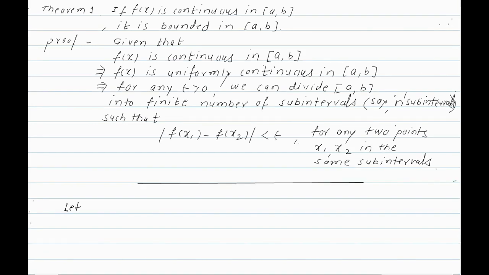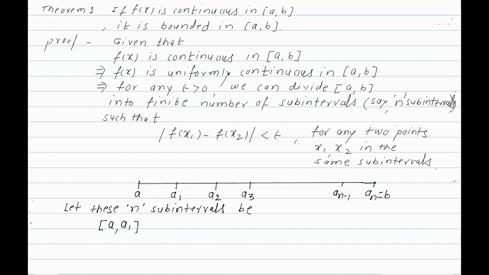Let these n subintervals be: first is a comma a1, so suppose this is a number a, first interval is a to a1, second is a1 to a2, third is a2 to a3, and nth interval is an minus 1 to an, and this is our last number b.